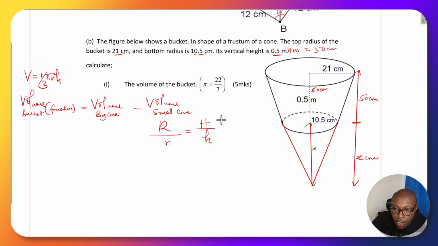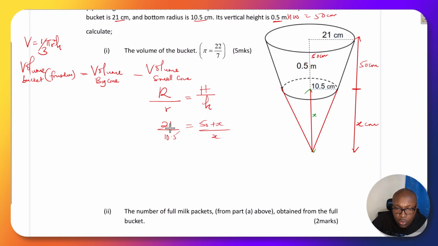So the radius of the bigger cone is 21, the radius of the smaller one is 10.5, the height of the bigger cone is 50 plus x, and the height of the smaller cone is x. With this equation, it is possible now to calculate the value of x. 21 times x, this is 21x, is equal to 10.5 times 50 plus x.